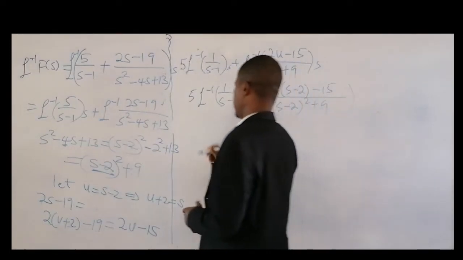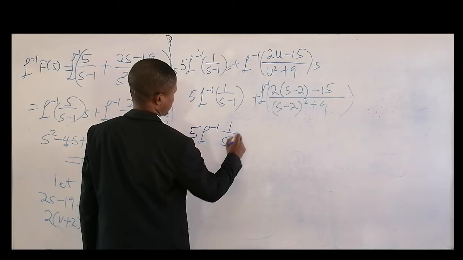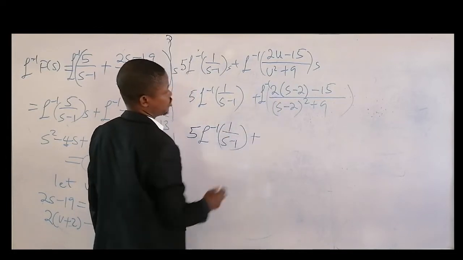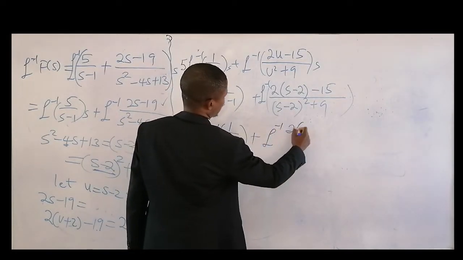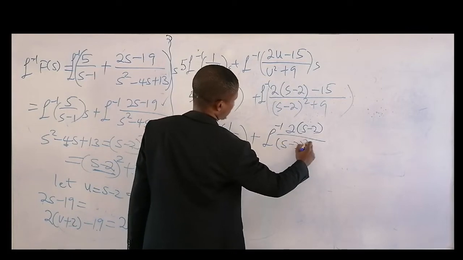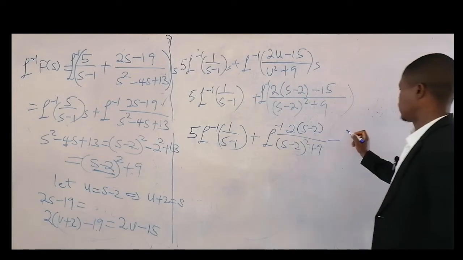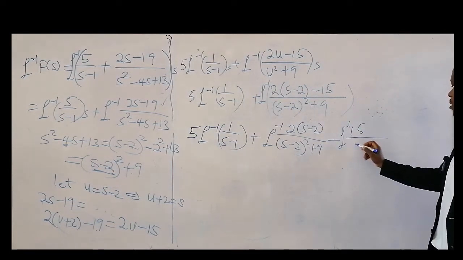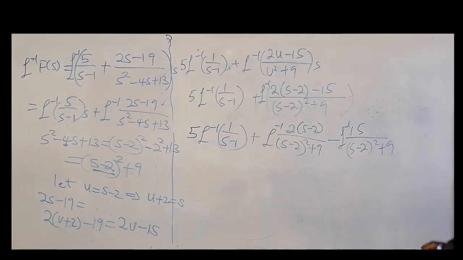So we now have 5 inverse Laplace of this, then plus this one we can break into 2 parts, and that will be inverse Laplace of 2 into bracket x minus 2 over x minus 2 all squared plus 9. Then this one here, minus 15 inverse Laplace over x minus 2 squared plus 9.